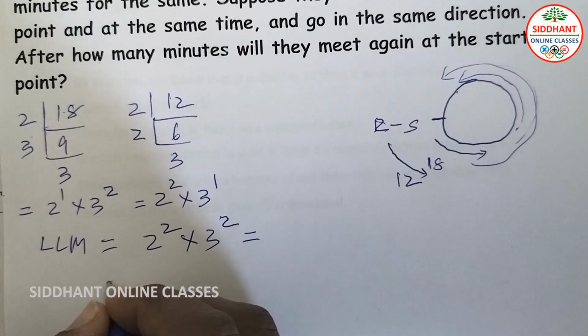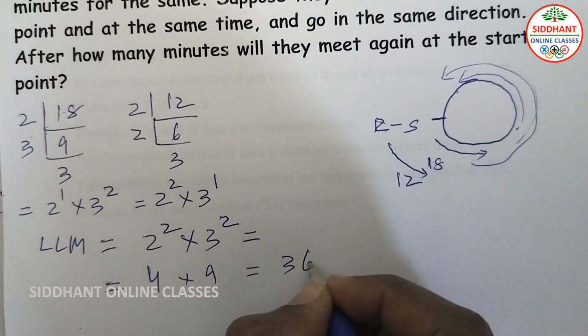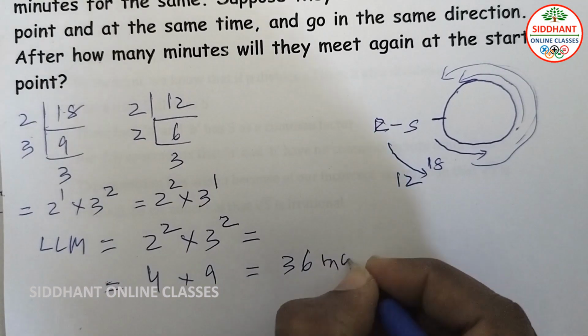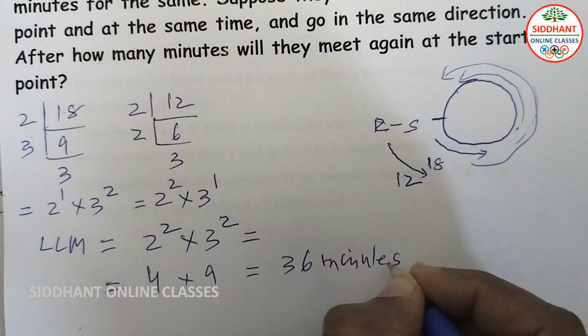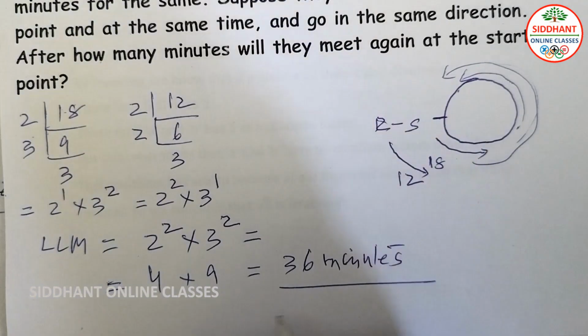When you simplify it, 4 into 9, so that will be 36. So at 36 minutes they both meet, that is the answer.